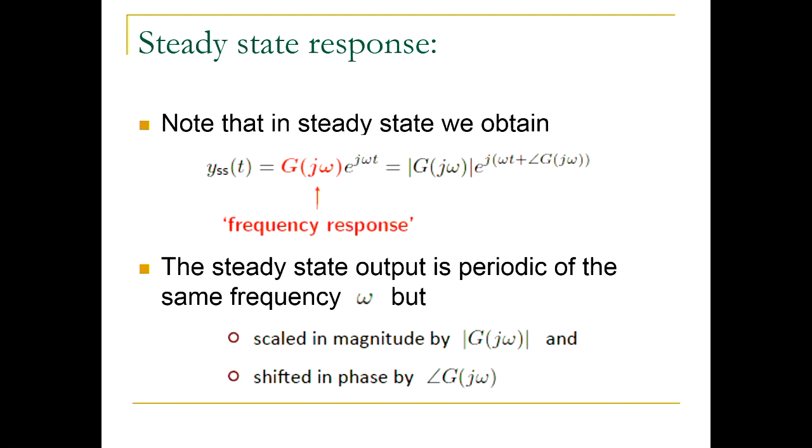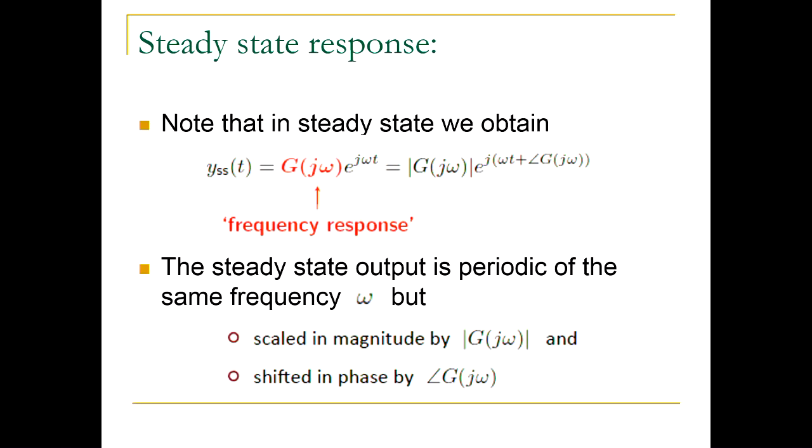So, in steady state the output can be represented in this way. We obtain this from partial fraction expansion, right? We said the first part, the transient part, dies to 0, and this is the only thing that remains. But we can rewrite this in polar coordinates, where this is your magnitude, and the rest includes the phase.